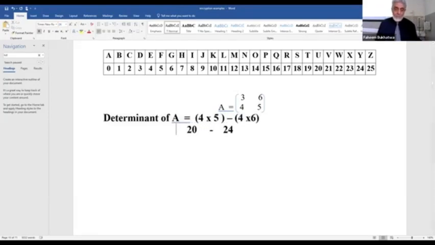So we start with the determinant of A. Minus 9. What's minus 9 mod 26? This is equal to 17 mod 26.